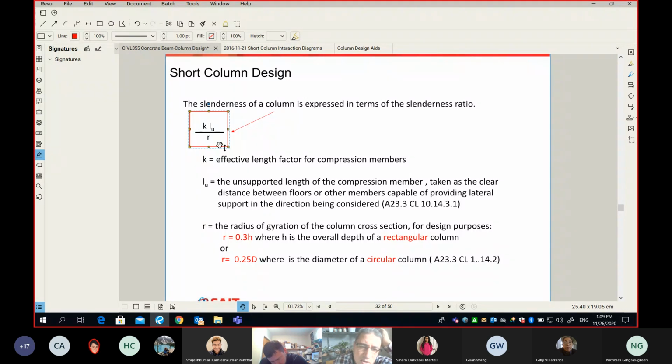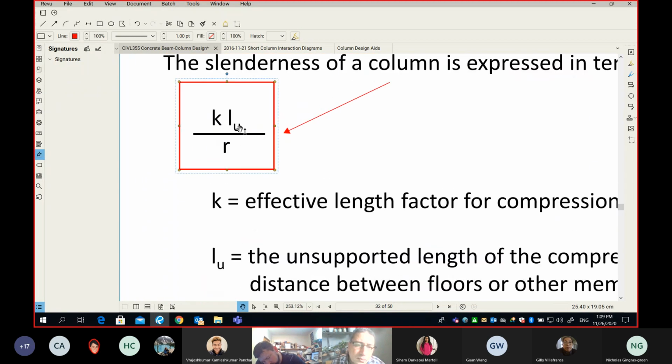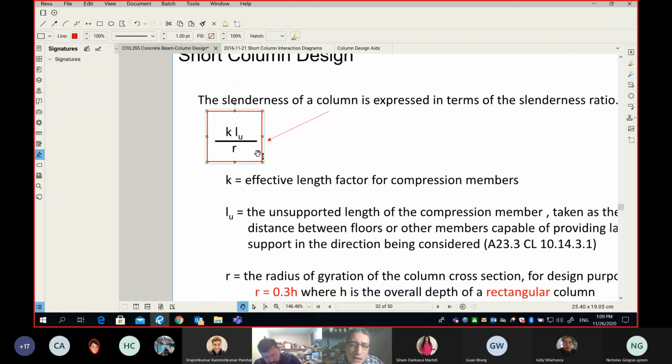You can see in the term there are three different parameters. Let me zoom in and show you. Number one is K, number two is L sub u, and finally little r here.